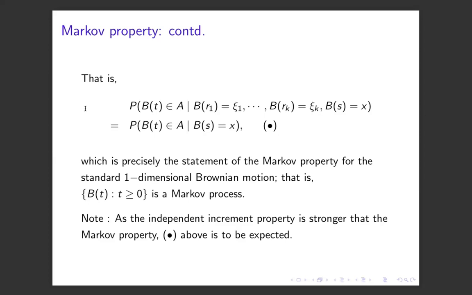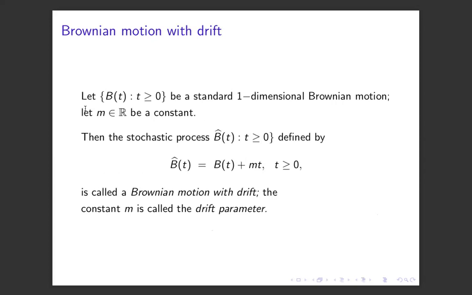Okay. Now let us look briefly at what is called Brownian motion with drift. Obviously such a process will not be a standard Brownian motion. So define this B hat process by B hat of t is Bt plus m times t, where m is a constant.